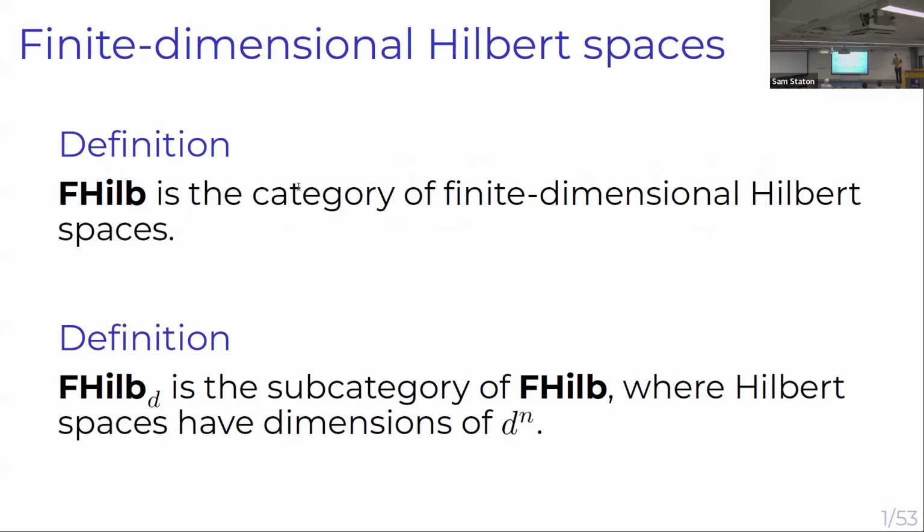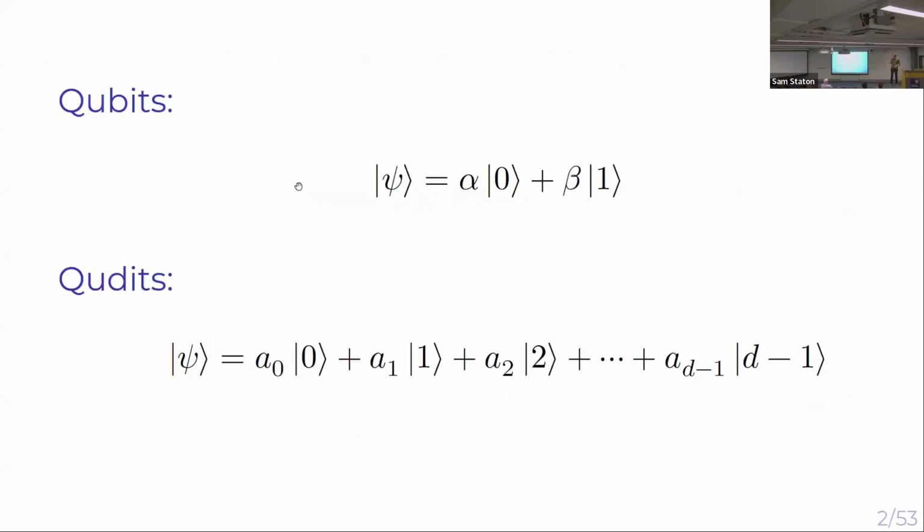What we have talked about so far was FHilb 2, so qubits. FHilb D would be the subcategory of FHilb where Hilbert spaces have dimension d to the power of n. So here we had 2 to the power of n.